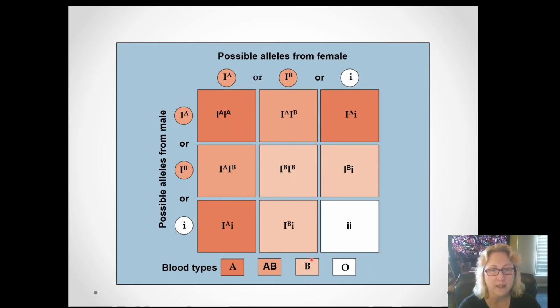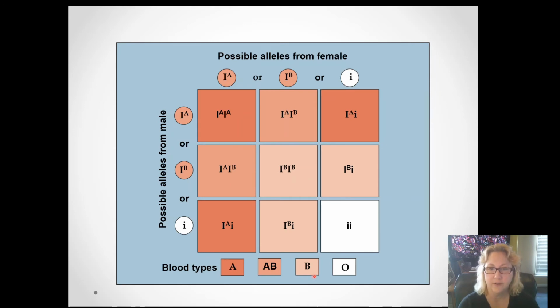The B allele is the most common in the Middle East and becomes more rare the further away from the Middle East you get. And among Native Americans, the B allele was non-existent until the first Europeans showed up with their B alleles. So in fact, AB and B are rarer types.